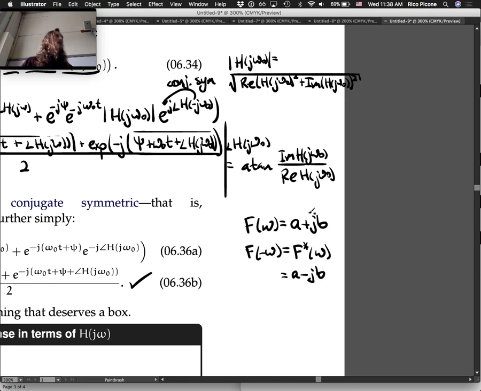So the conjugate is you invert the sign on the imaginary part, right? You guys did this back in the day, conjugate.